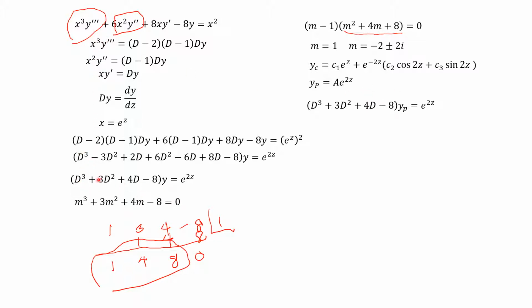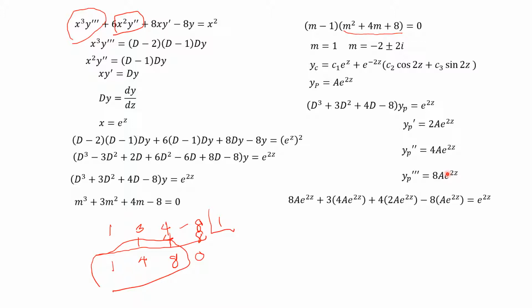Yp should satisfy this one, d cubed plus 3d squared plus 4d minus 8y equals e to the 2c. So get yp prime from here, that is 2a e to the 2c, yp double prime, that is 4a e to the 2c, and yp triple prime is 8a e to the 2c. And then plug it there.